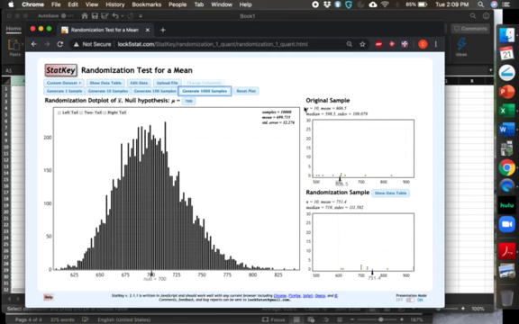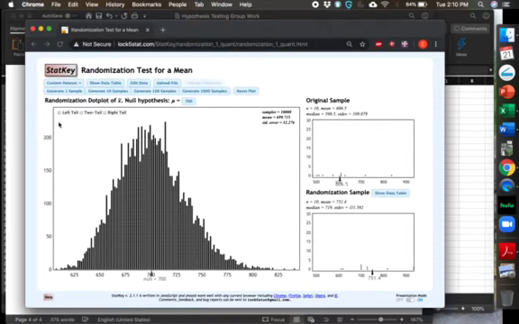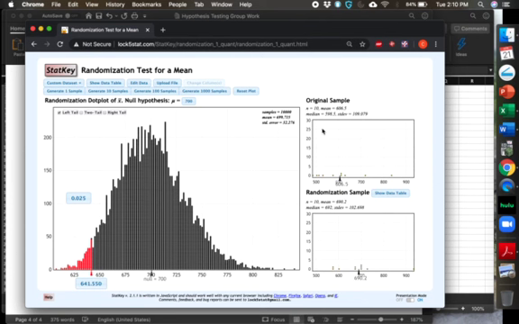We have our Monte Carlo. We have a 10,000. We said that this was left-tailed, again because this was less than for our alternative hypothesis. Now let's make sure that the cutoff matches the original sample value. My original sample mean had a height of only 606.5 feet.